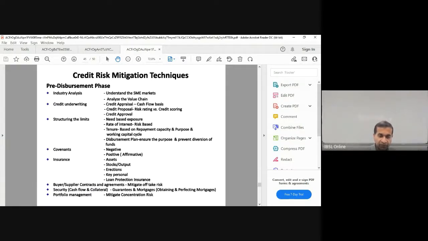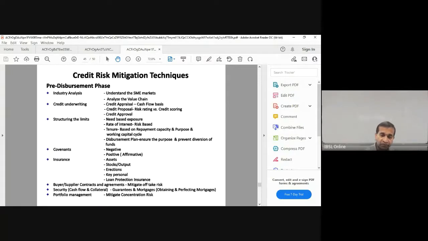And further, we can go into covenants. There are two types of covenants, negative and positive. You can come up with positive covenants, like you should do these things. You should maintain financial leverage as such, debt equity ratio as such, and the current ratio like this. You should provide the financial statements every 3 months, and the director should not leave the company unless the loan is settled.